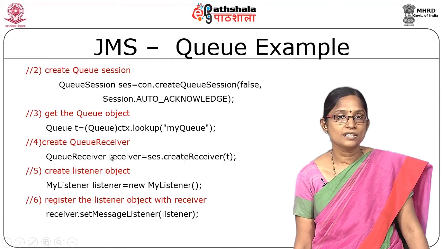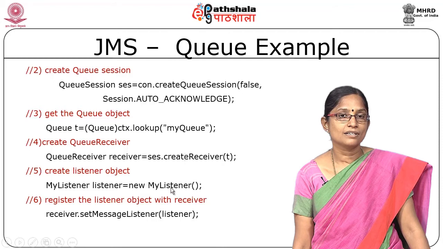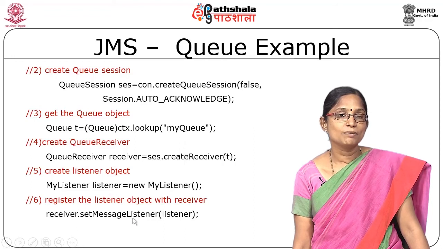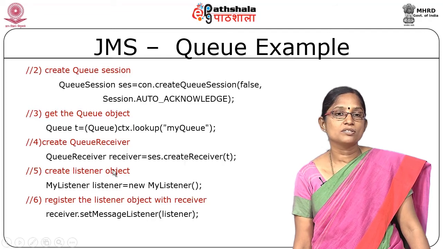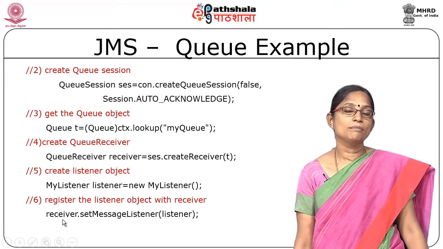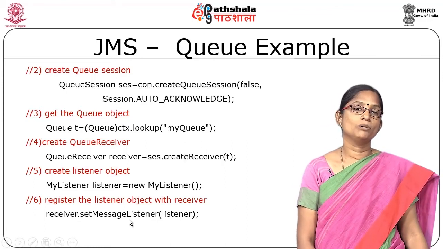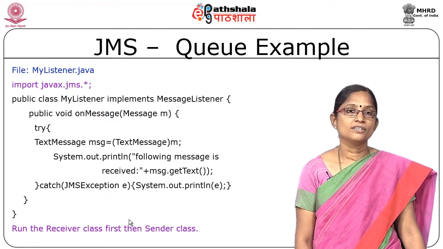In order to create a message listener, new MyListener() has been passed on to the object listener. This message listener has been set over the message consumer, which is the receiver. So receiver.setMessageListener(listener), so that the message listener has been set over the message consumer. Now only through this listener we are going to receive the message.